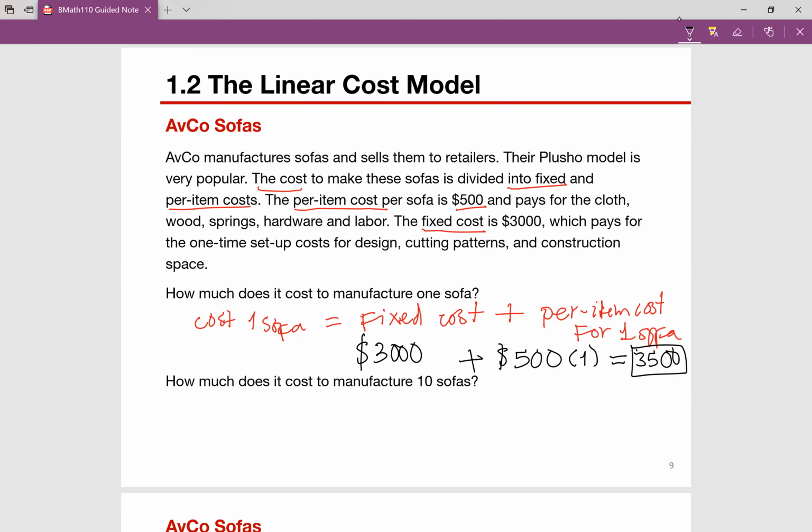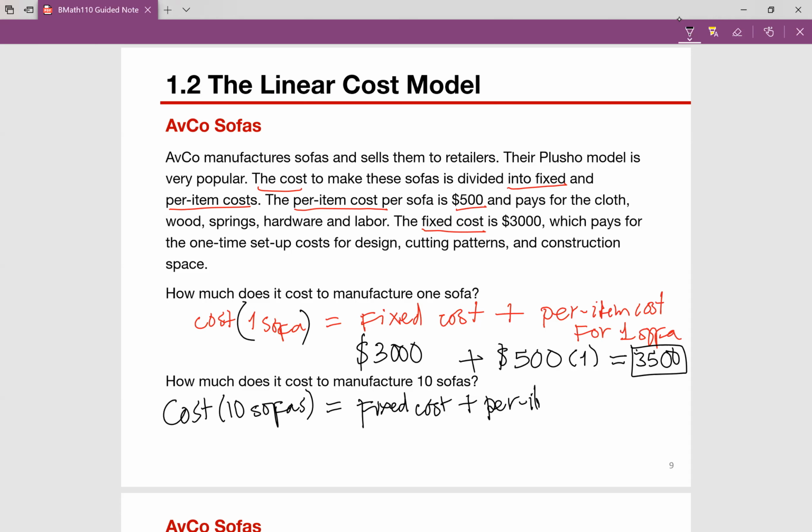Another question says how much does it cost to manufacture 10 sofas? So that's going to be fixed cost plus per item cost.